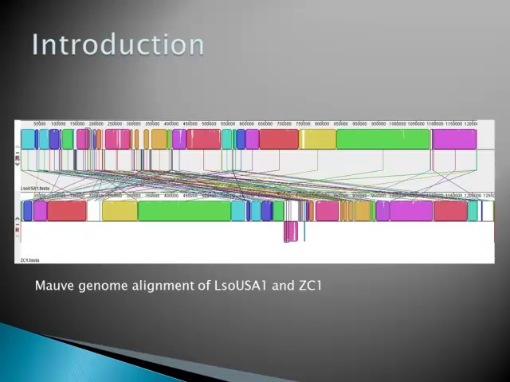The top is LSO USA1, and this is ZC1. You can see the phage in ZC1, there are little bits and pieces of it scattered throughout the genome, which makes assembling what is truly a phage contig and what is truly a phage remnant contig incredibly tedious, which is why I haven't finished it yet.